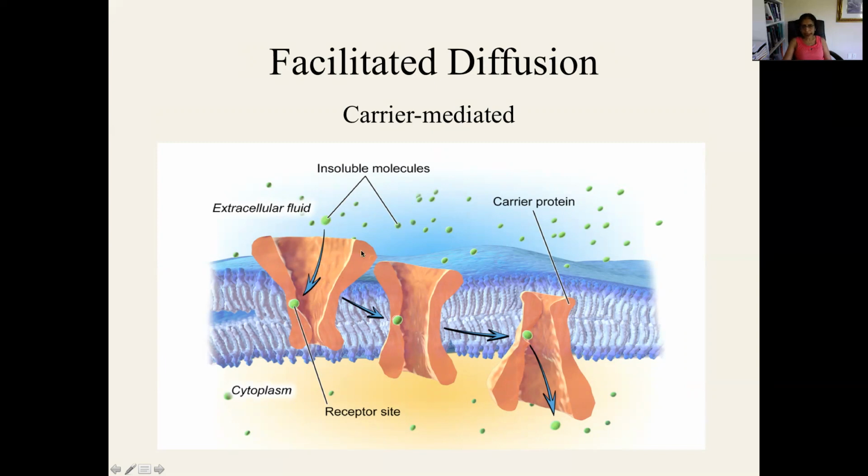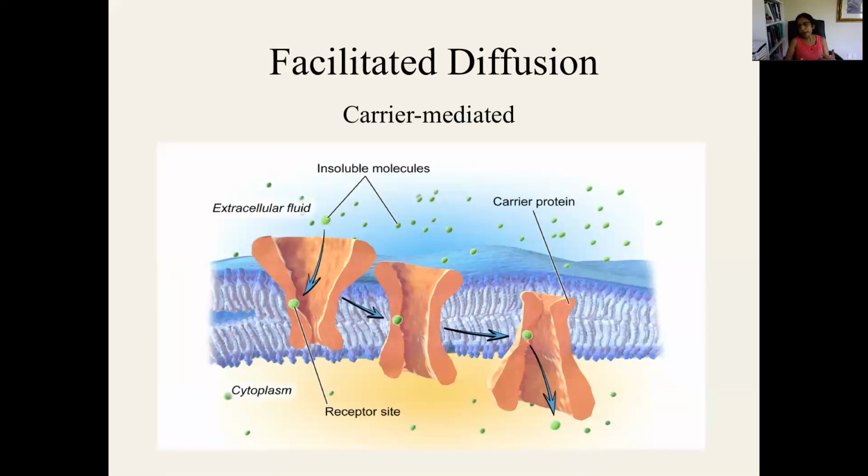The structural modification of the protein allows this space to become wider. Did you see? Now there is room for it to be brought into the cell. It's the binding of the substance that modifies the shape of the carrier protein, which moves the substance into the cell.